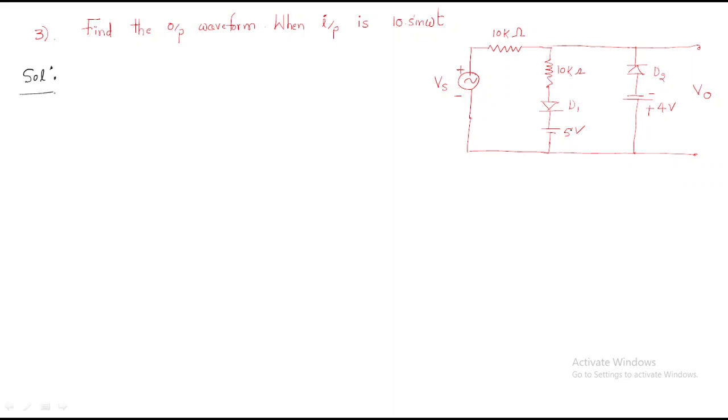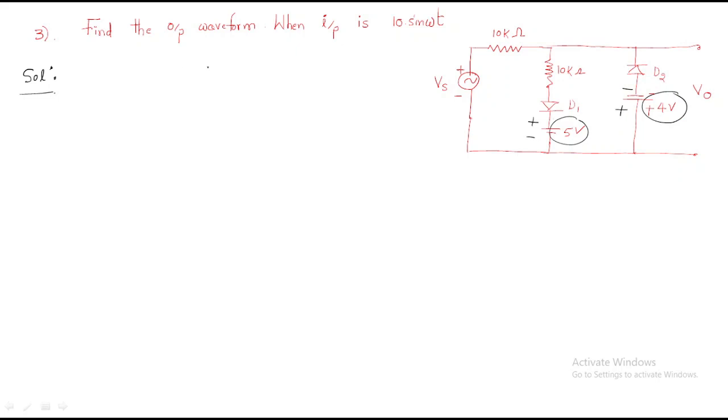This is a bidirectional clipper. To understand these clippers, we have to select the input values depending on the given biasing voltage. These are the biasing voltages, 5 volts and 4 volts. And look at these signs, this plus sign and this minus sign first.